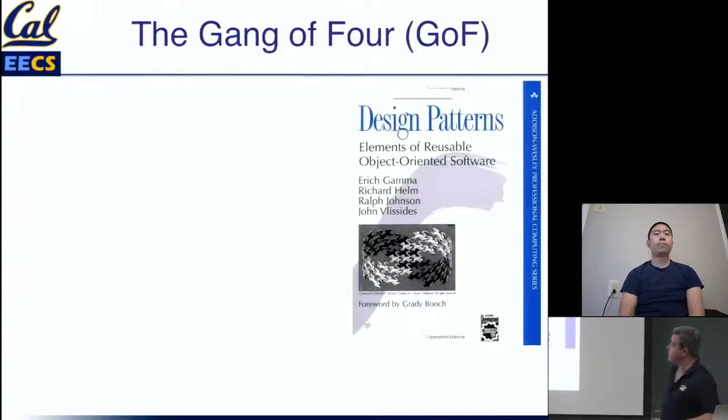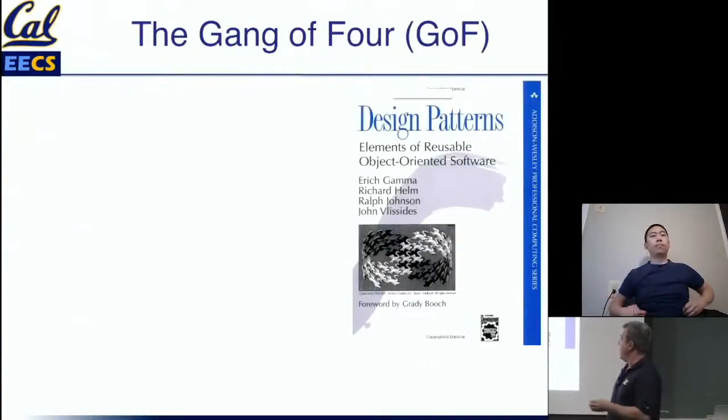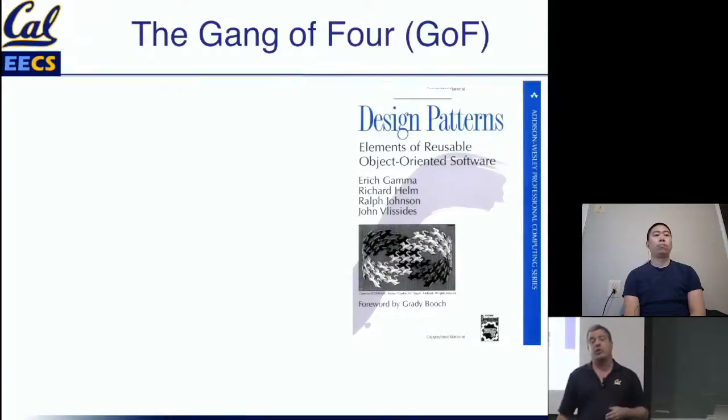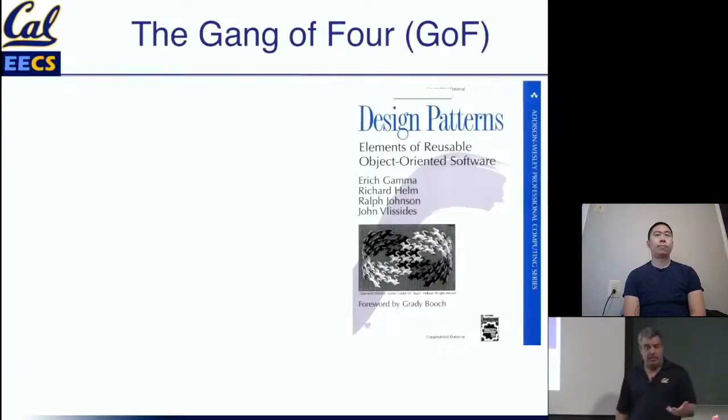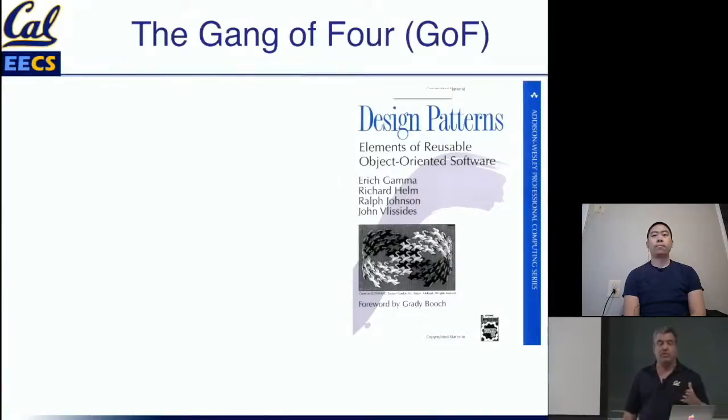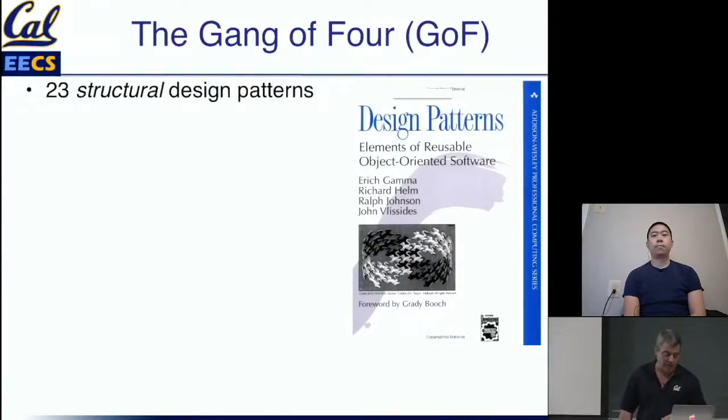So this was the famous design patterns book, by Gamma, Helm, Johnson, and Vlissides. Their goal was to really do for software what Alexander did for architecture, to find patterns of the way that classes fit together or that classes do certain things and relate to other classes that came up over and over again in different software projects across a variety of domains.